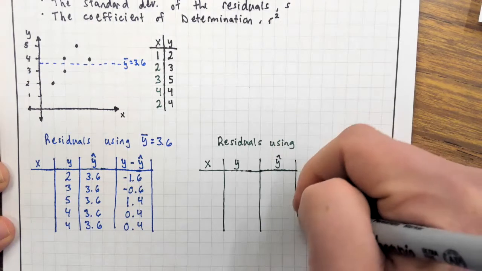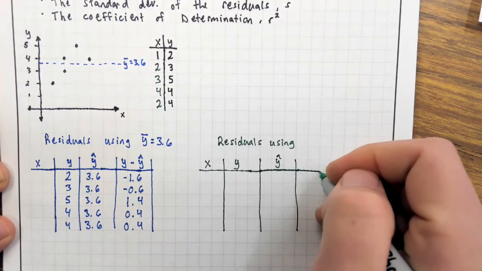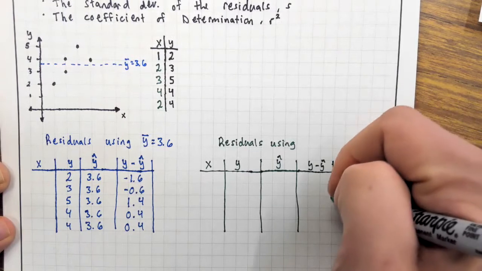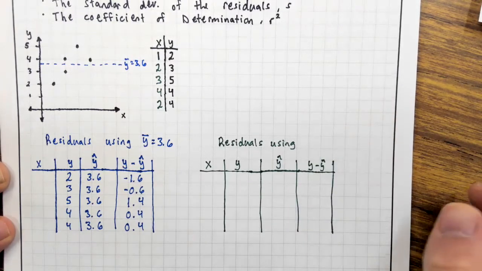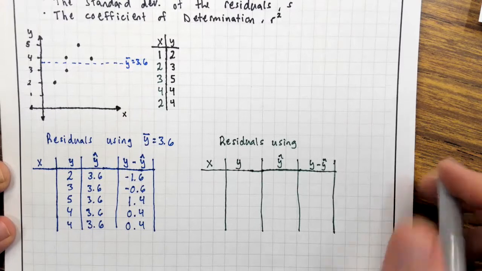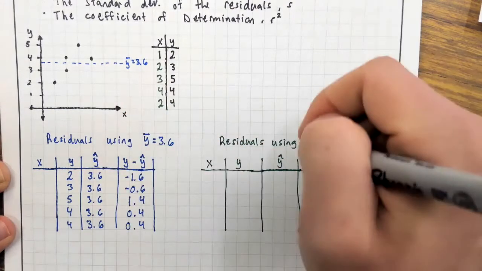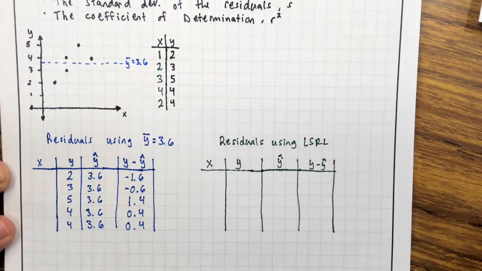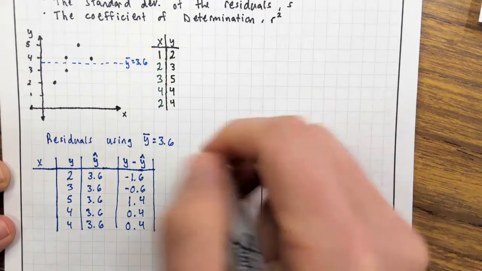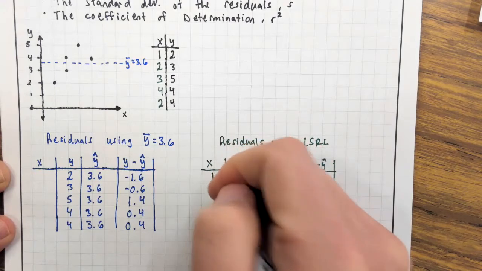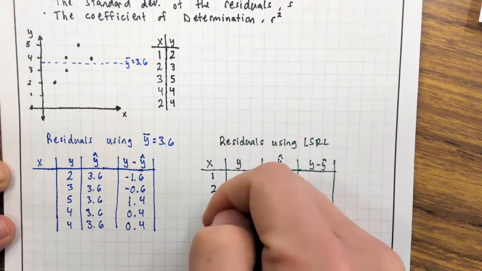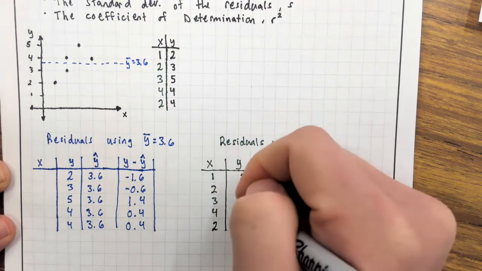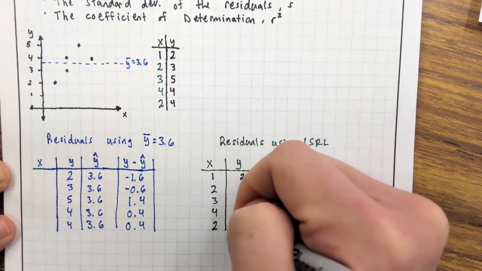And then we will finally find the residuals, y minus y hat, the actual minus the predicted. All right, so kind of repeating some more of this information up here. Maybe I'll say residuals using the least squared regression line. All right, so my x values were 1, 2, 3, 4, and 2. The y values are 2, 3, 5, 4, and 4.